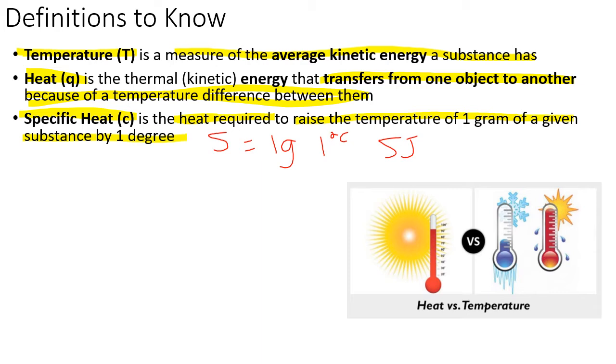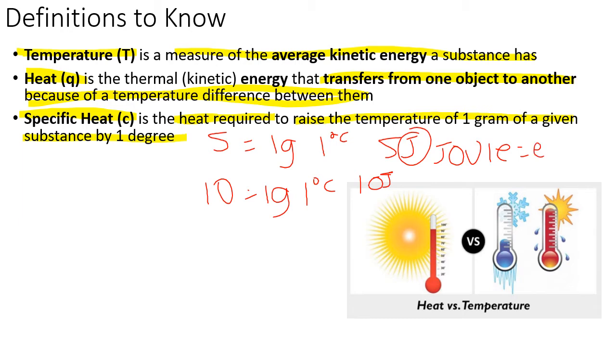If something has a specific heat of 10, then to raise 1 gram of it 1 degree Celsius, it would require 10 joules of energy. J, joule, is the unit for energy. I don't think that's in here, but you should know that as well. So the higher the specific heat, the harder it is, or the more energy is required, to heat something up.